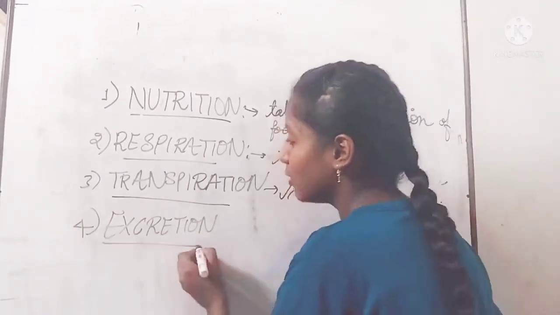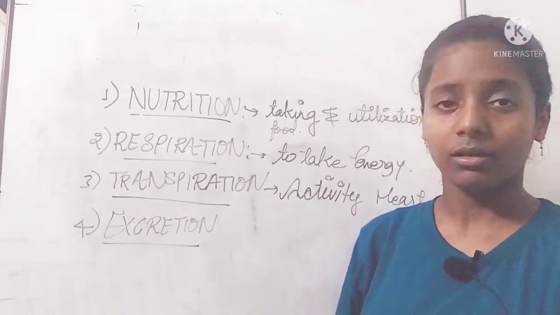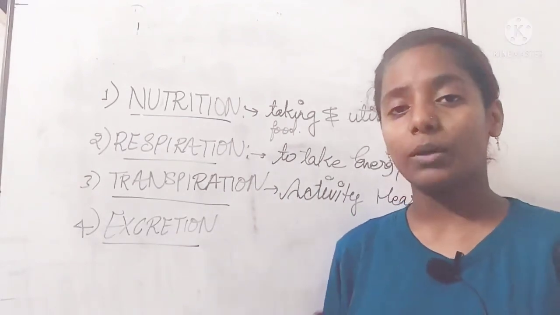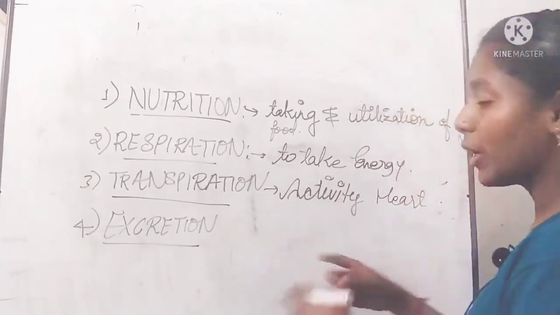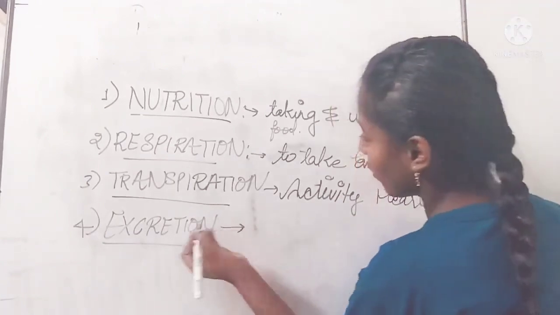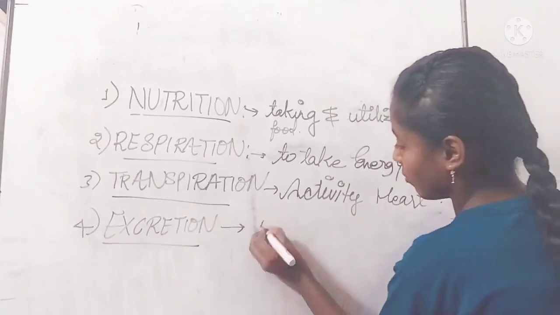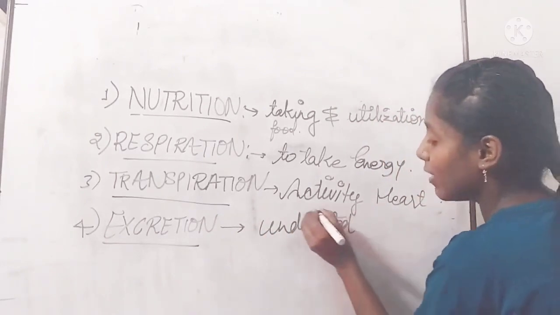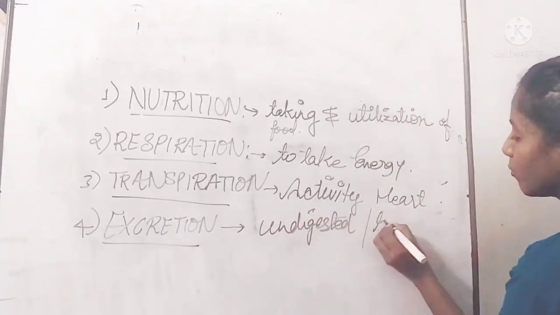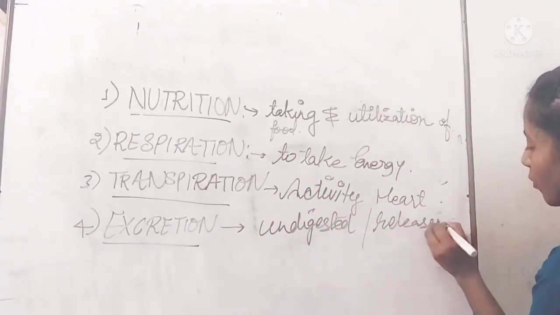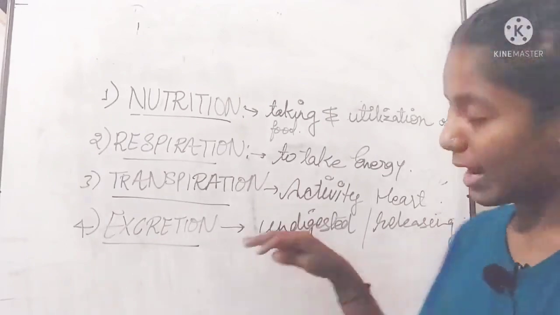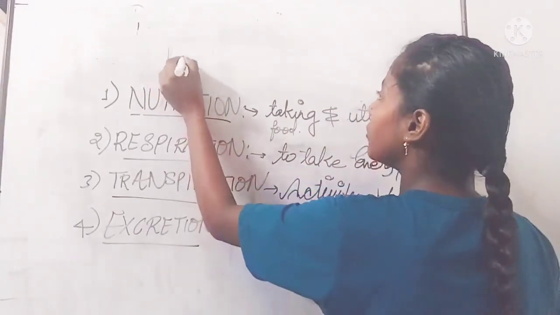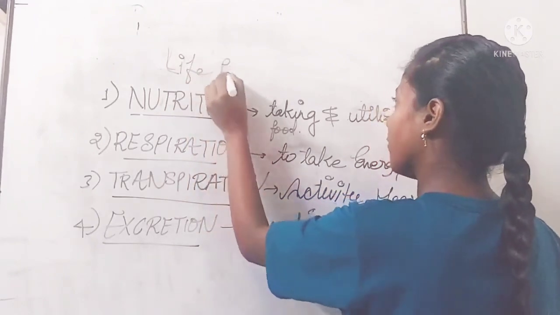Then in excretion, the undigested food which cannot be digested by the body will go out of the body, and that simply refers to excretion: the releasing of undigested food out of the body. Hope this much is clear for your chapter of life processes.